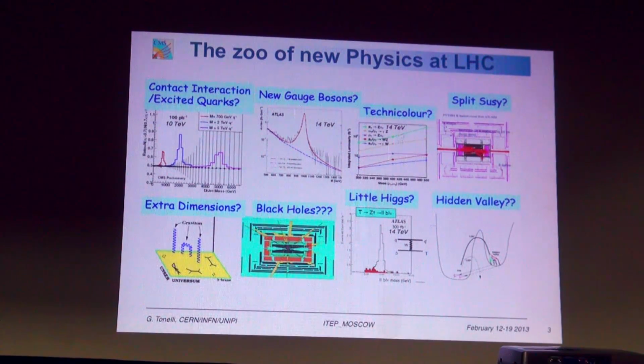That means that from the experimentalist point of view, this is an incredibly wide area, and the challenge is really high. You will see at the beginning the simple and traditional way of looking for new resonances, for example using dijets, looking for contact interactions, or looking for a new gauge boson.